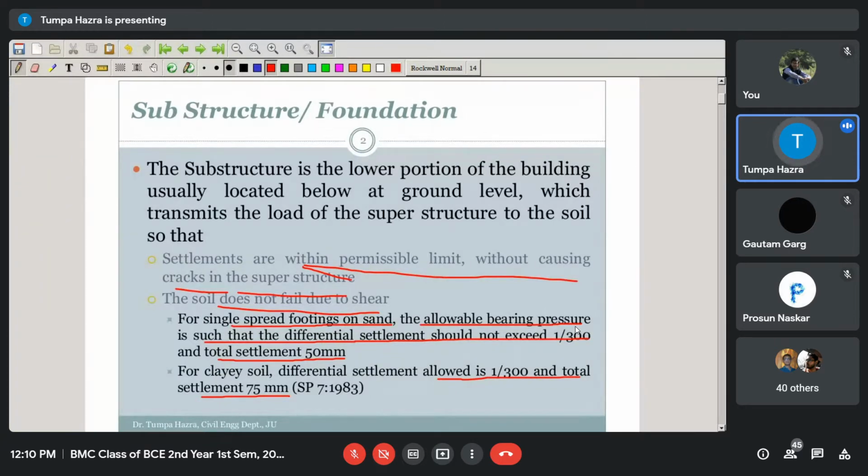And the damage may be in the form of cracked walls, distorted doors, window openings, cracking of the lintel, then the plumbing system may be moved out from the wall, and sometimes the complete collapsing of the building.